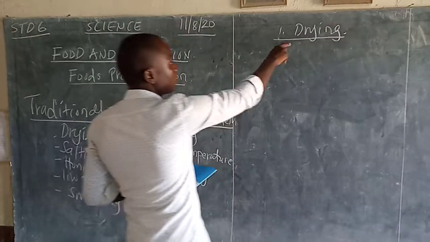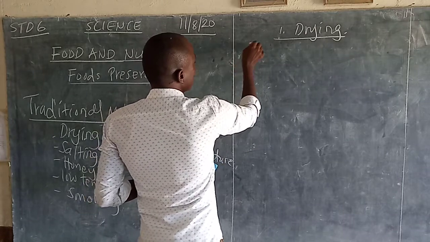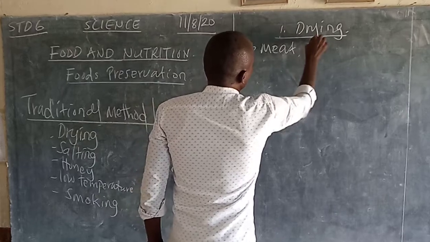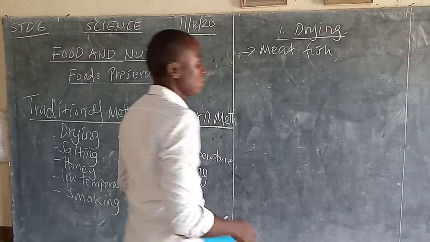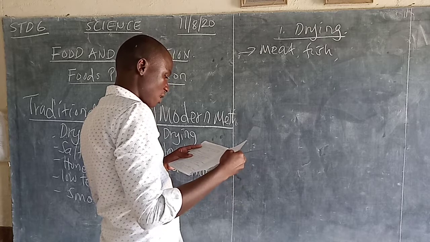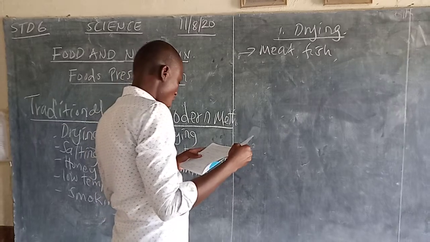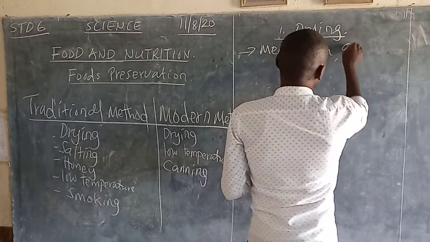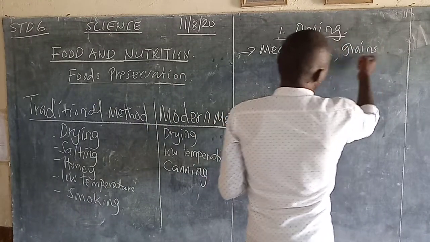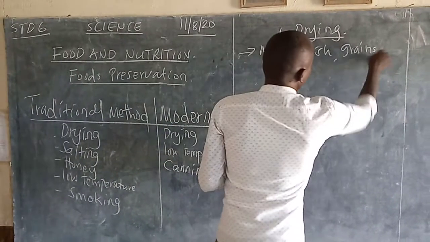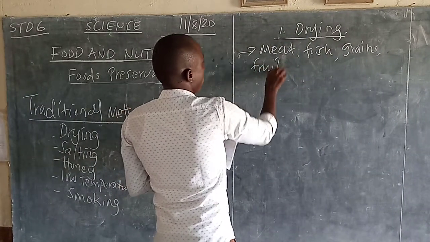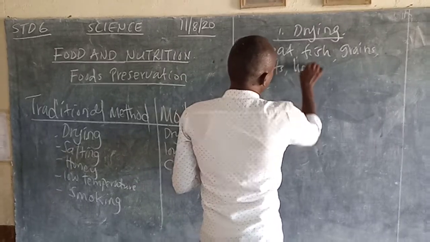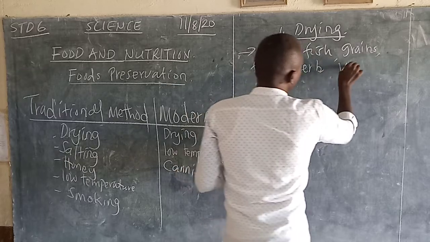Examples of food that can be dried: we do have meat, we do have fish, we have the grains, these are harvest, we have fruits, we have herbs in modern society, and then lastly we can talk about vegetables.